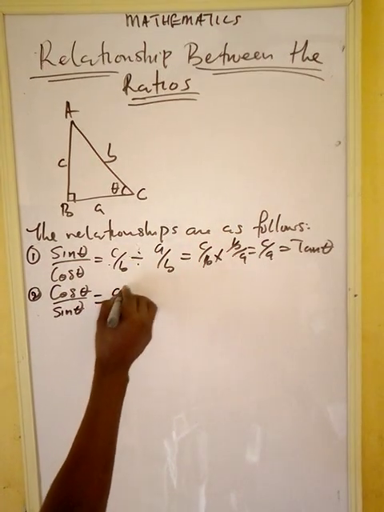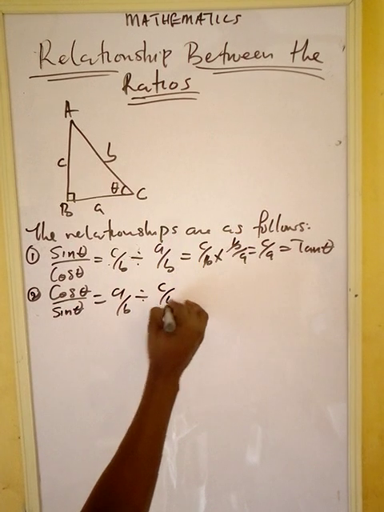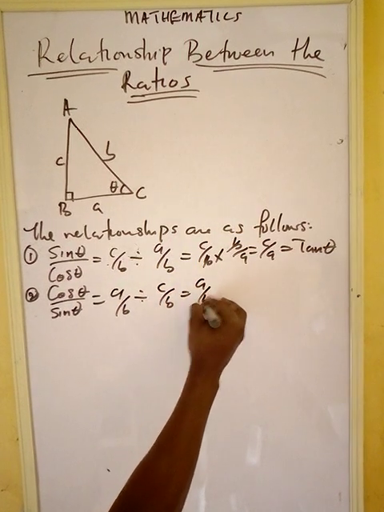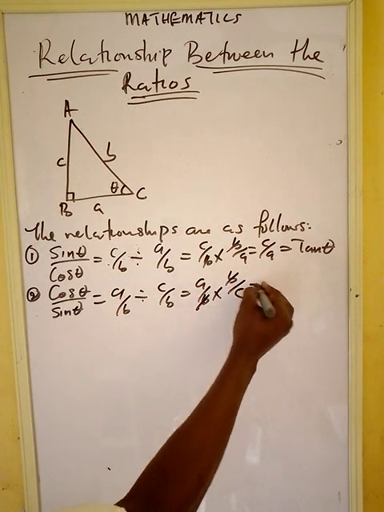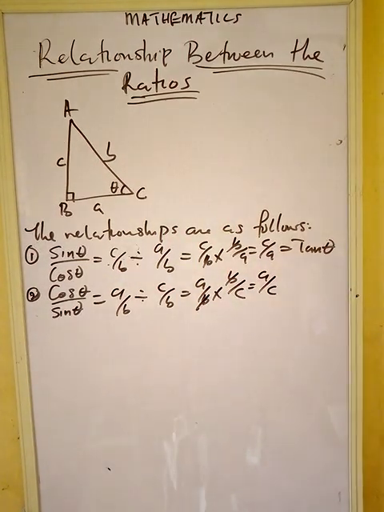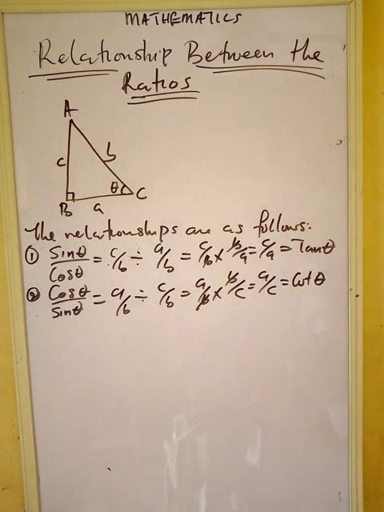Our cos theta is a over b divided by sin theta, c over b. That means a over b times b over c. This will cancel this. We have a over c. What is our a over c? Our a over c is cot theta, cotangent.